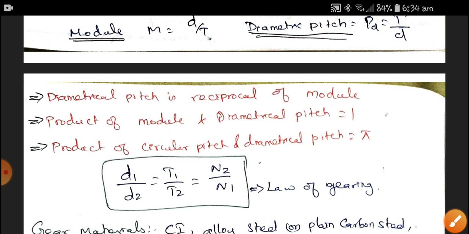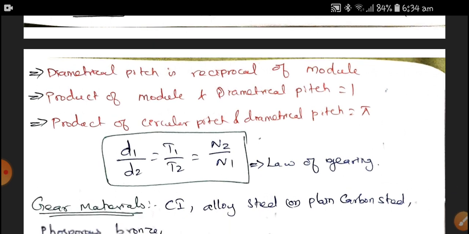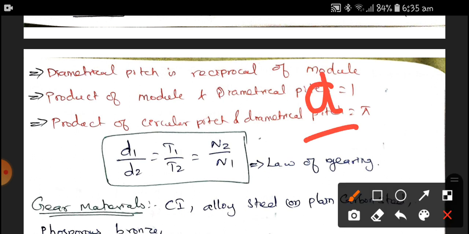Okay. Next one is the law of gearing. For a better understanding of the law of gearing, a single formula is enough for analyzing it. That is d1 by d2, the ratio of pitch circle diameters of gear 1 and gear 2, is T1 by T2. How is it coming? We know that module is the d by T ratio.